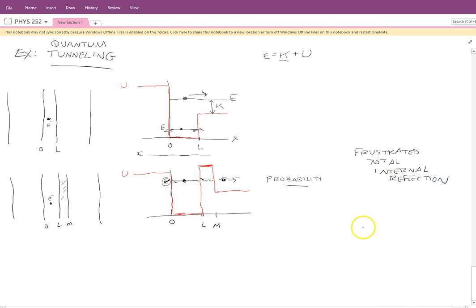Well, what we said is, if you have an interface between two materials of refractive index N1, N2, if N1 is greater than N2, there is a chance that all the light energy will reflect. The condition is that this angle, theta 1, has to be bigger than the so-called critical angle. Remember we said that?